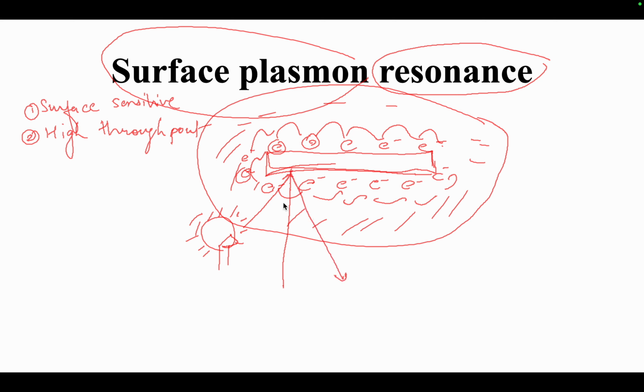Here this is the incident light at angle theta, and there will be a reflected light. If we add some analyte, or if the refractive index of this solution changes, this theta will change. And why will the refractive index change?